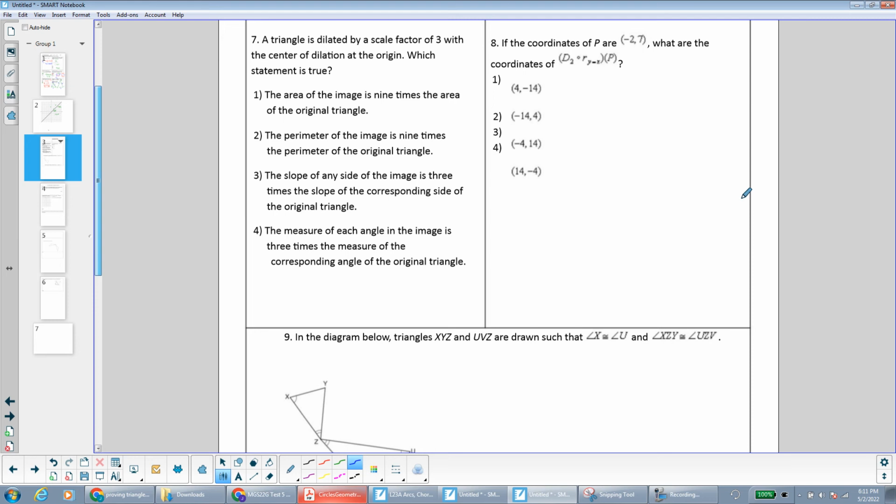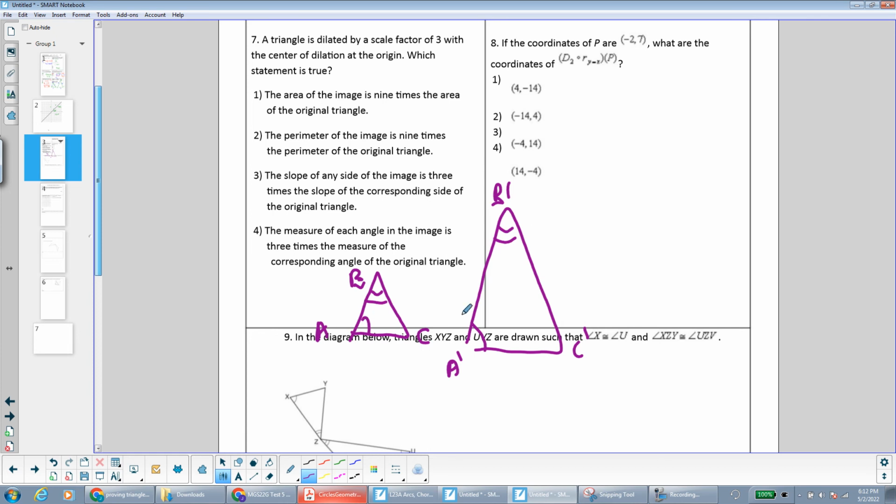That one says the measure of each angle in the image is 3 times the measure of the corresponding angle of the original triangle. Well, we know that can't be true, because remember when we talked about proving triangles similar to each other, we talked about how angle was a way of proving triangles similar, which meant that 2 corresponding angles in the 2 similar triangles were congruent.